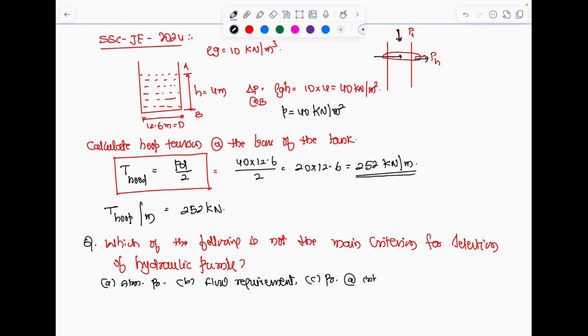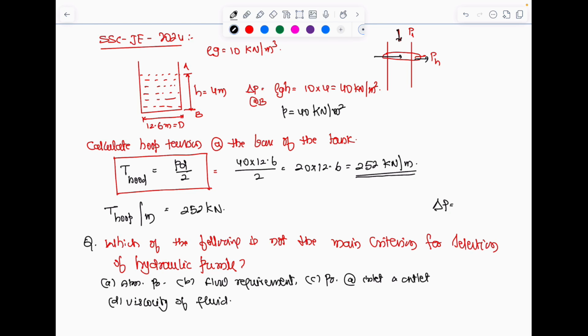Pressure at inlet and outlet. Don't get confused by the jargon of words. Anywhere, whenever we take pressure, it is delta P. When we take delta P, the atmospheric pressure is eliminated in that.